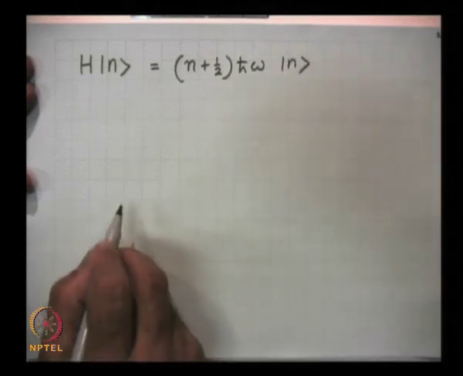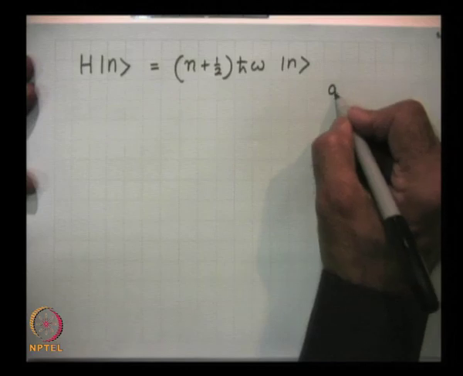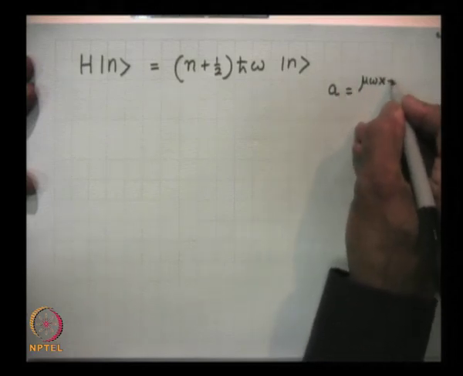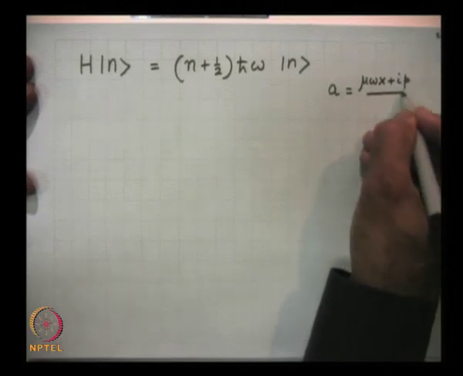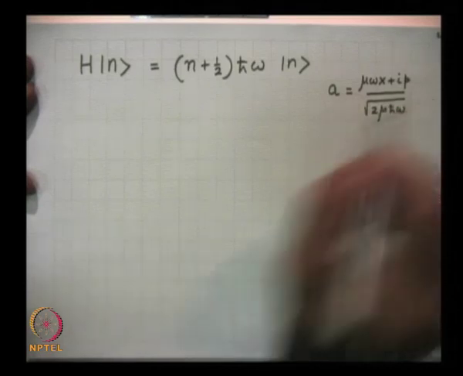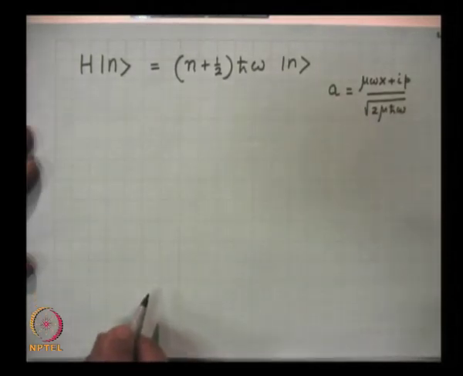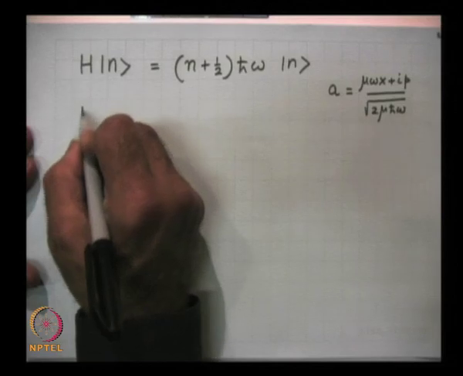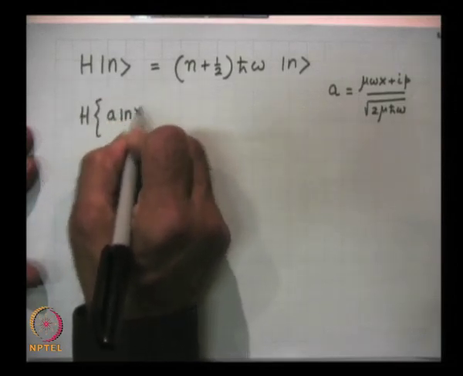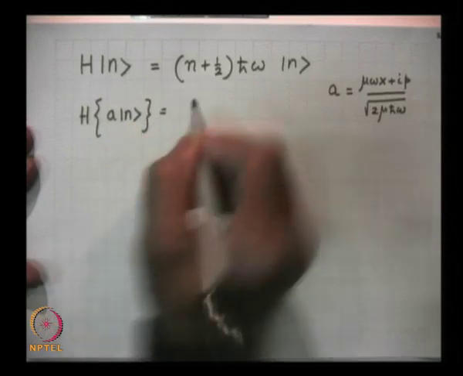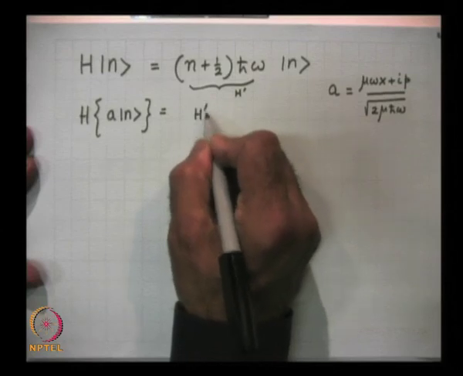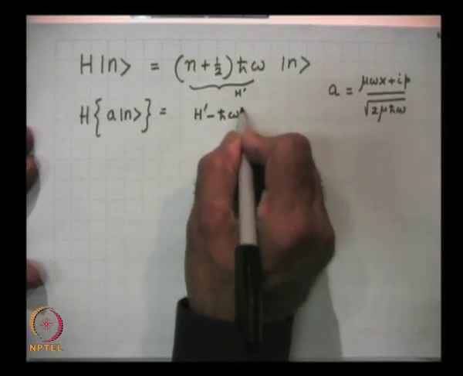We had also introduced two operators a and a bar. So, a was equal to mu omega x plus i p under root of 2 mu h cross omega, and a bar was the adjoint of this. And we had shown that h a ket n is equal to a ket n times the eigenvalue h prime minus h cross omega.